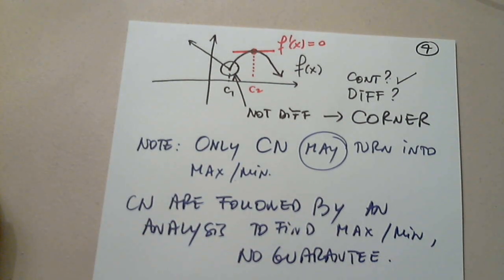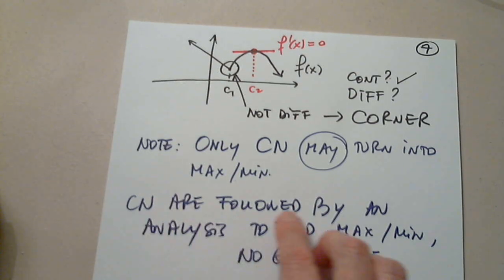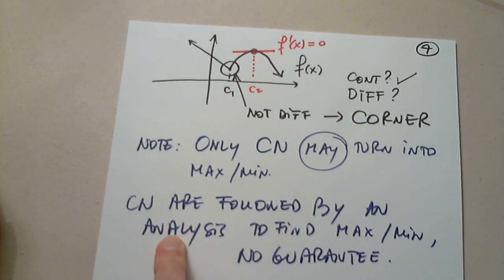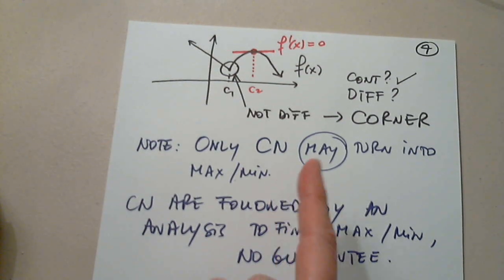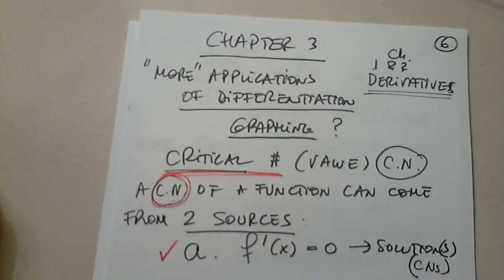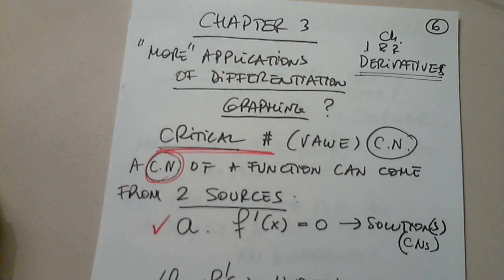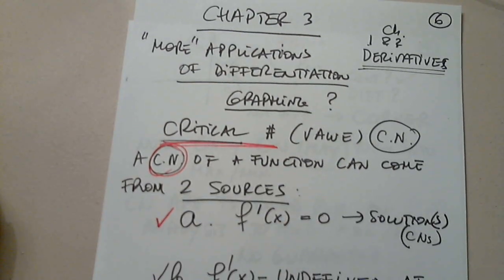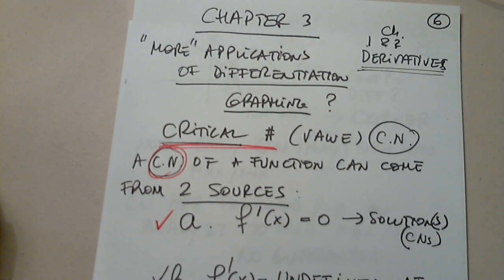We can never say, oh, it has critical numbers, guaranteed it has max-min. No. We will have to do an analysis for that. And then we'll conclude, oh yeah, it's a max. Oh no, it's nothing. Oh yes, it's a min. So that's why we are interested in critical numbers, because only critical numbers turn into max-min potentially.